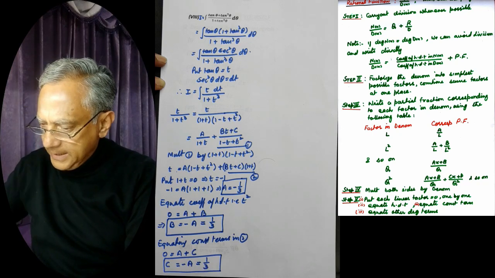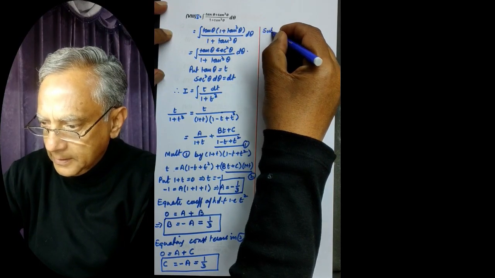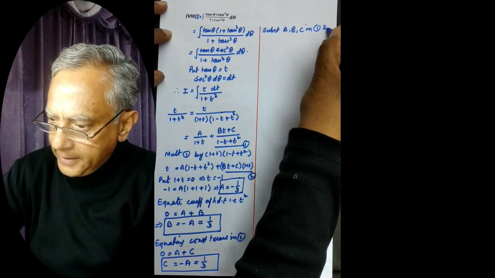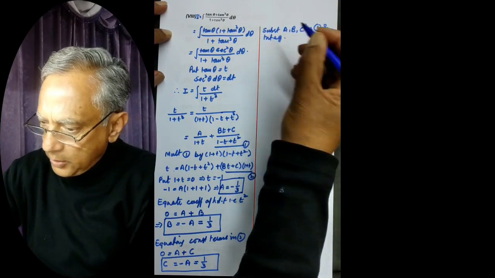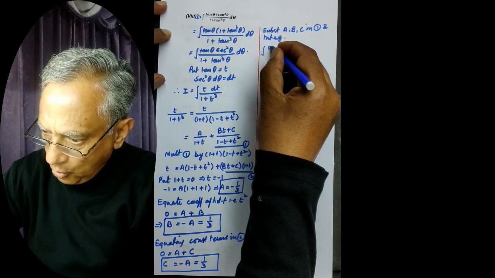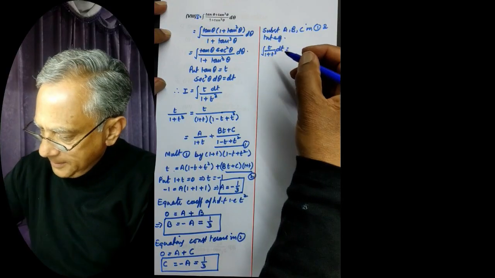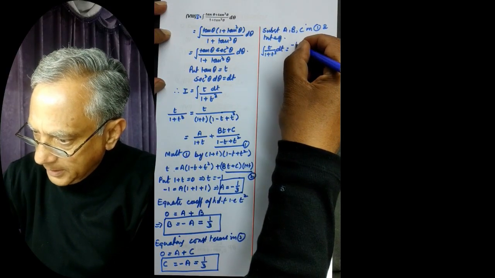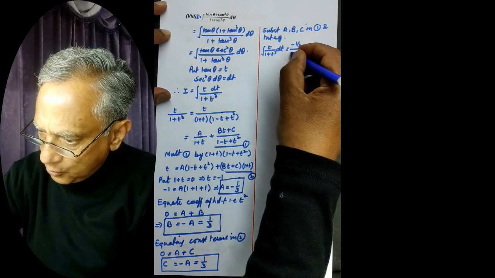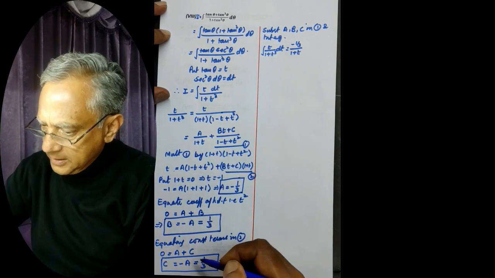We now substitute a, b, c in 1 and integrate both sides. So what we will get is integral of t over 1 plus t cube dt is equal to a, which is minus 1 by 3, over 1 plus t, and b is 1 by 3 and c is 1 by 3.